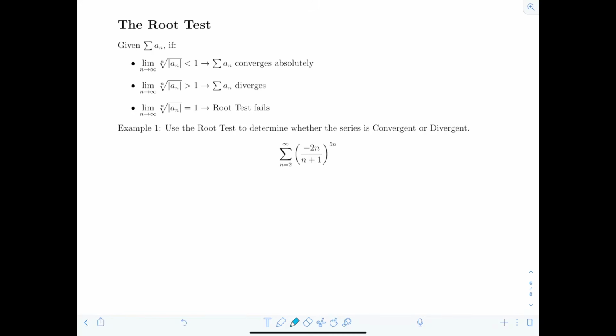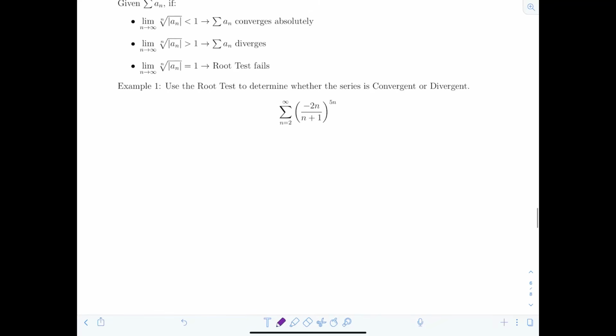Okay. Example 1. Use the root test to determine whether the series is convergent or divergent. So I'm going to do as I'm told. Apply the limit as n approaches infinity of the nth root of the absolute value of an. So this is going to be the limit as n approaches infinity. I'm going to have the nth root of, and then now if I take the absolute value of an, I won't have a negative in the numerator anymore.